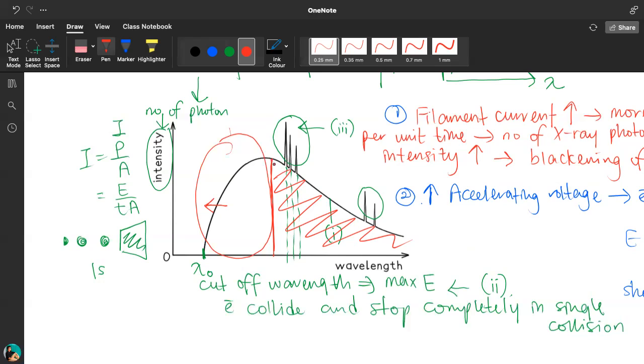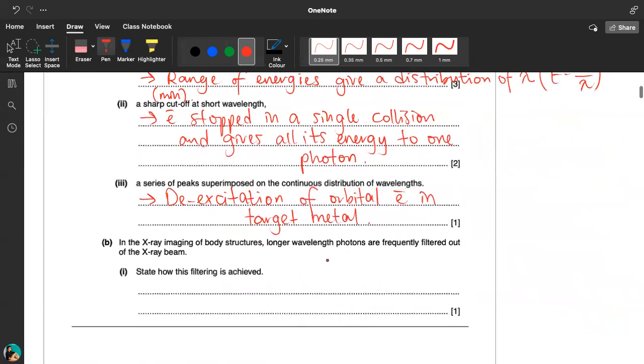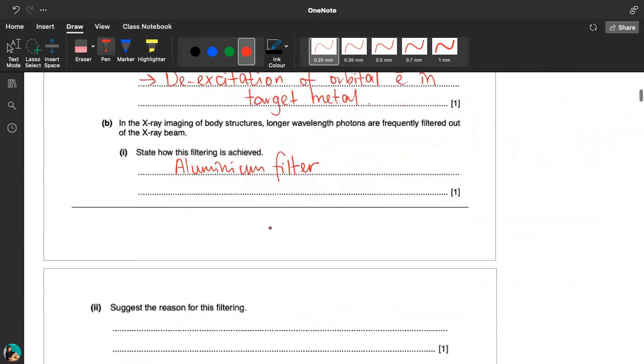Without the filter, this part will be absorbed by the body. So that is another way you increase the hardness of the X-rays. So we say filtering is achieved by using an aluminium filter. It will absorb instead of the body absorbing.